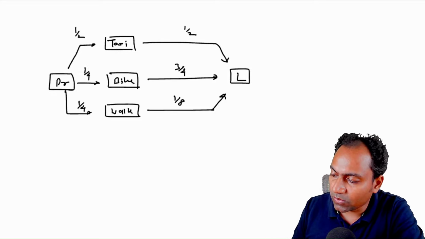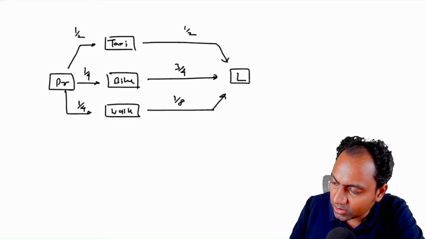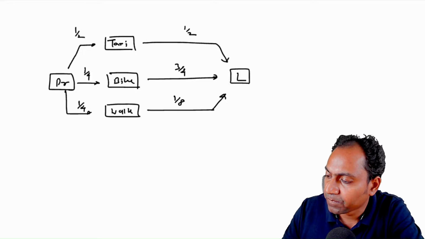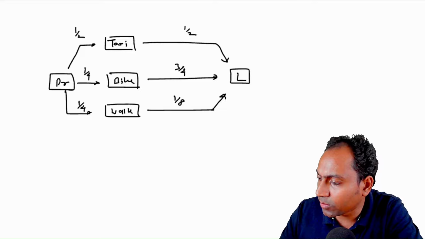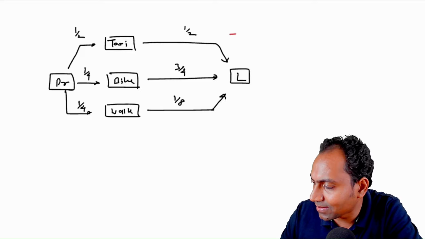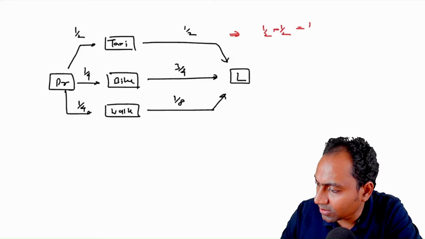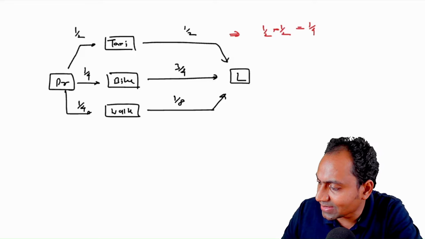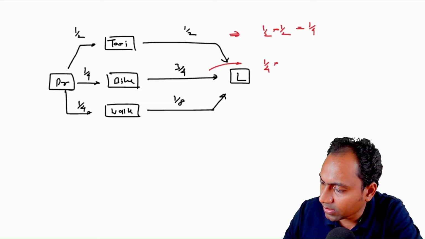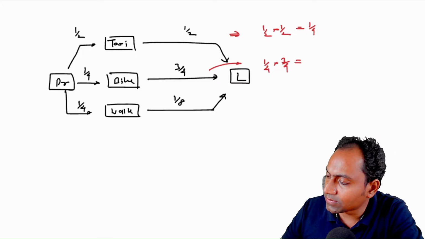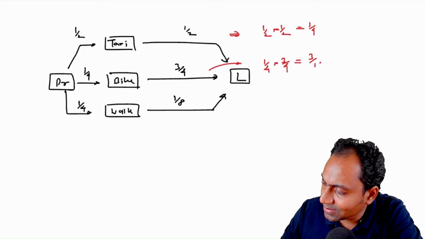Now what can happen here is this doctor might have taken this first path. Corresponding to that, the probability is 1 by 2 into 1 by 2, so this becomes 1 by 4. If we take this next path, the probability comes out to be 1 by 4 into 3 by 4, and this becomes 3 by 16.